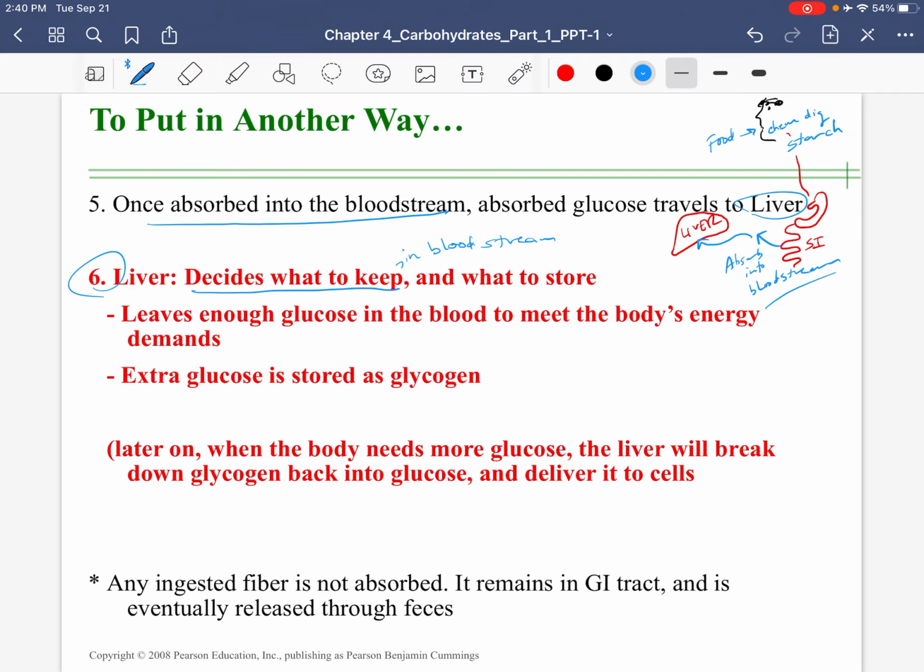So what happens is your liver will keep some of the sugar in the blood, but the rest of the sugar it will store as glycogen. And then later on, if you haven't eaten for a while and now we need more energy, well, now we can convert that glycogen back into glucose to have more blood sugar.